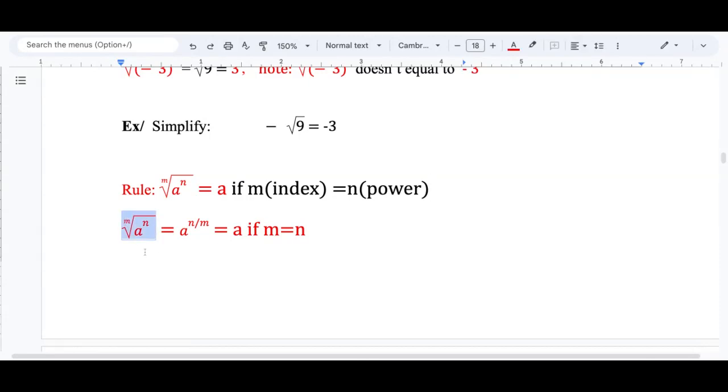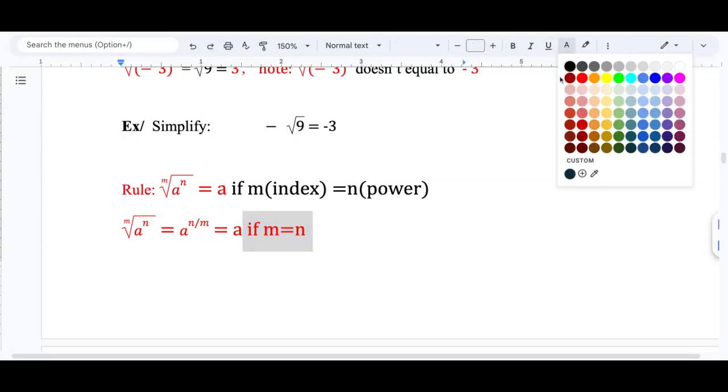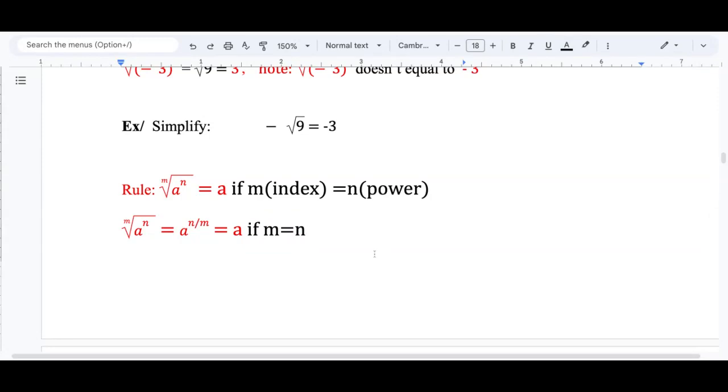Because we can rewrite the mth root of a to the nth power as a raised to a fraction: the numerator is the power, the denominator is m. If n equals m, that's just a raised to m over m. It just becomes a. A special case.